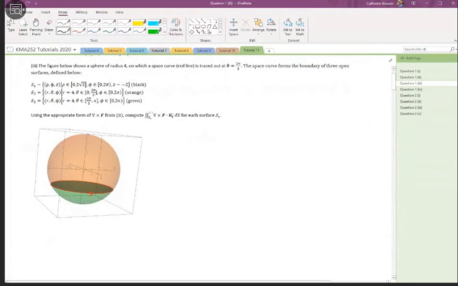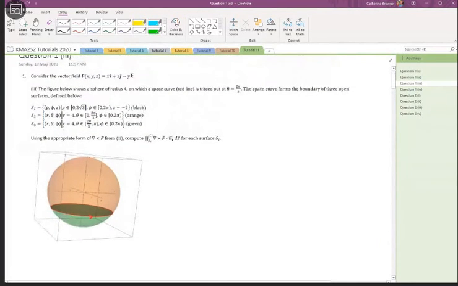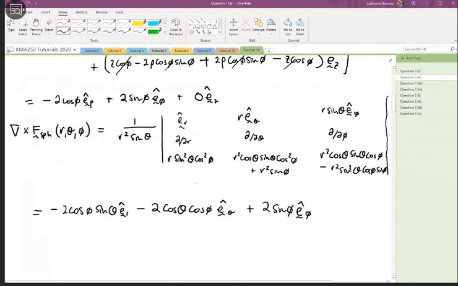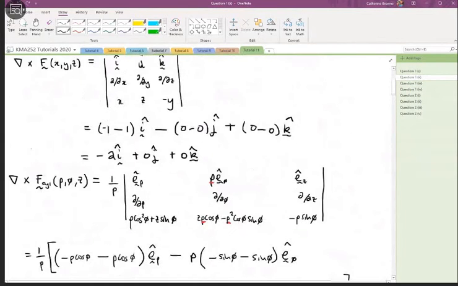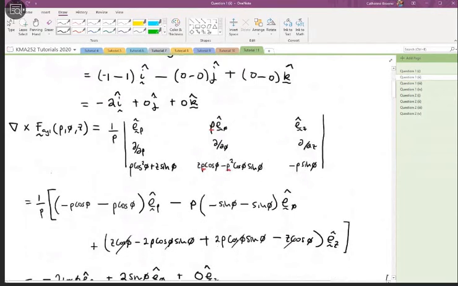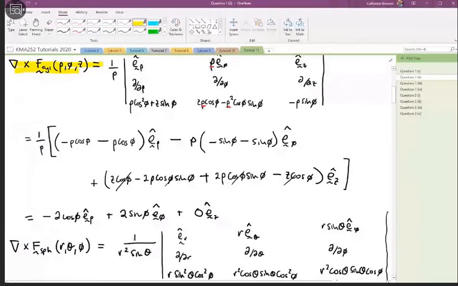So I'm going to start with this black surface here. So it's just a disk. So you think, I've got a disk, constant z, perhaps cylindrical coordinates would be the best. So I'm going to use what we found in part 2, this form of the curl here, and so this was the answer for that there.